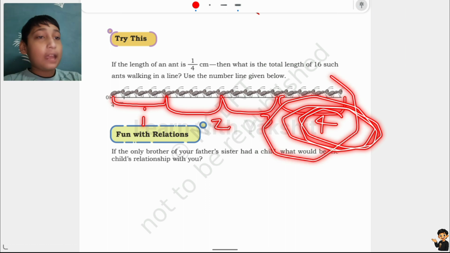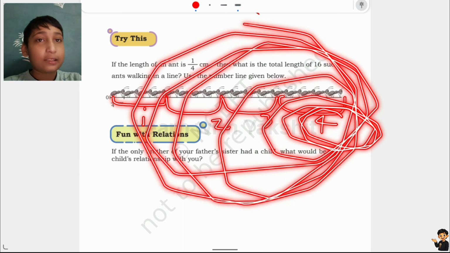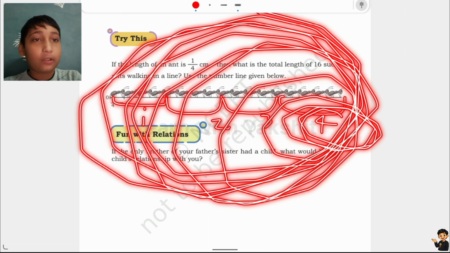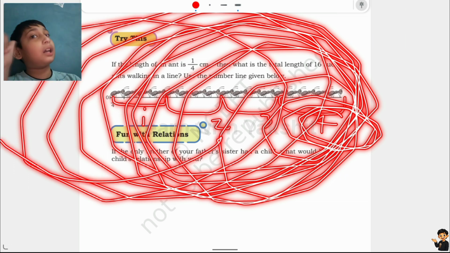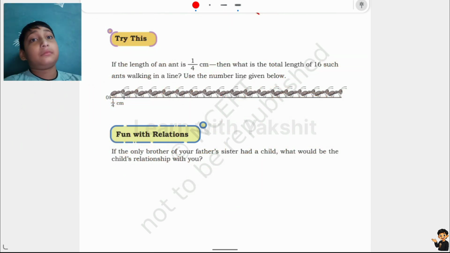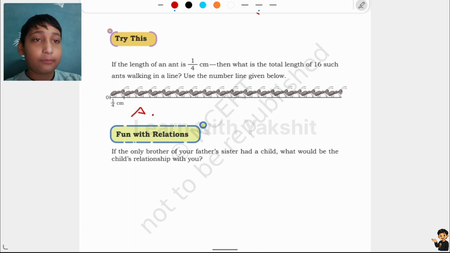We have 4 packs, meaning that's the answer. Meaning we have to write here the answer. I'm just writing it here. Yeah, I have very bad handwriting. Answer is 4.